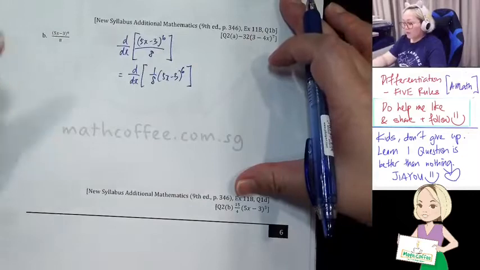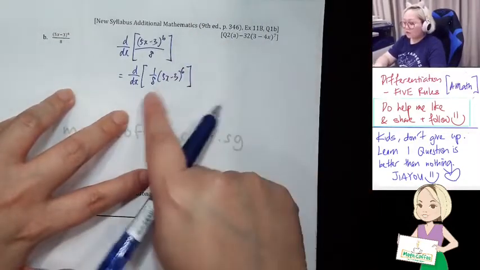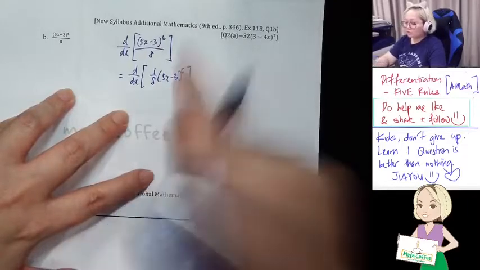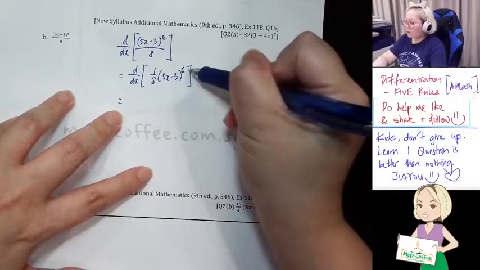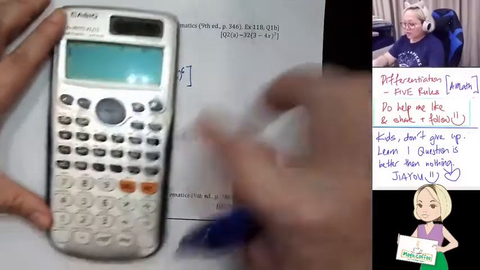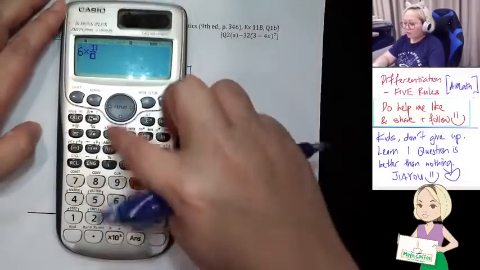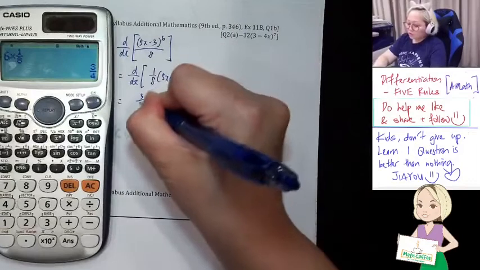Yeah, okay? So what I did is I just changed the presentation. I write it as 1 over 8, 5x minus 3 to the power of 6. So now I'm ready to differentiate. Now it's easier. Power bring down, so it's 6 times 1 over 8, which gives 3/4.